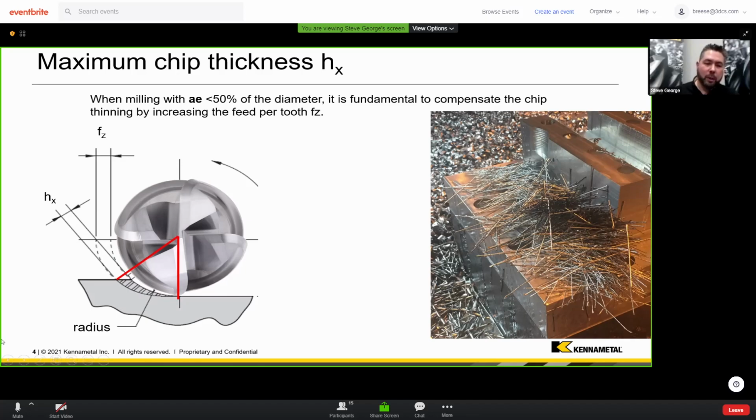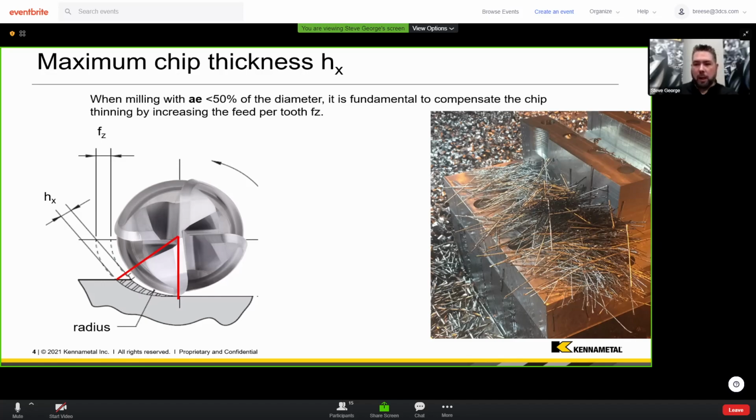If I'm taking a very small depth of cut, then I'm going to have some significant problems, depending on the material. If the material is especially elastic, then I have a big chance that a significant portion of that chip is below the minimum depth of cut. I've just got elastic deformation, then some plastic deformation, and then finally, hopefully, a section thick enough to actually shear and make a chip.